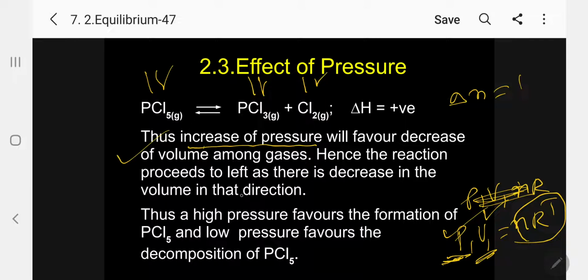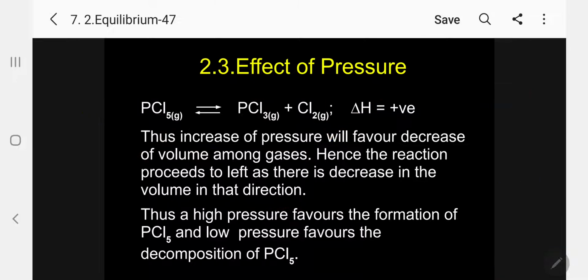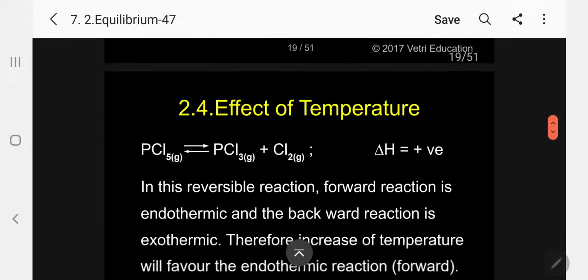The reaction proceeds to the left as there is a decrease in volume in that direction. Thus, high pressure favors the formation of PCl5 and low pressure favors the decomposition of PCl5. This is the effect of pressure on PCl5 decomposition.